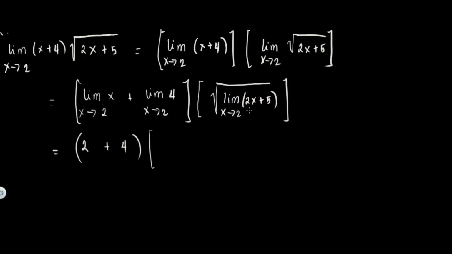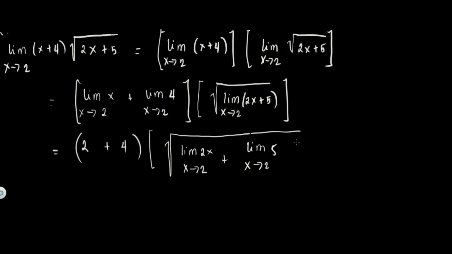Ito ay sum. So, pwede rin siyang i-expand ulit natin. So, we have here the limit of 2x as x approaches 2 plus the limit of 5 as x approaches 2.